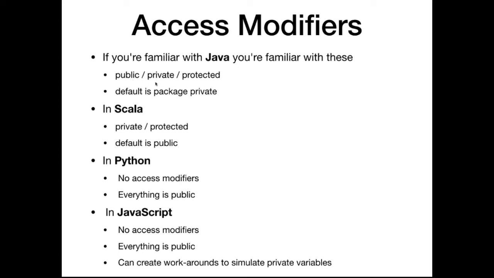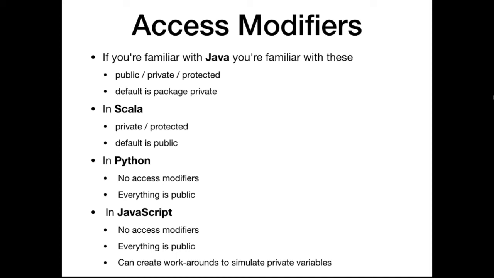In Java, we have public, private, and protected. Public means anyone can modify this variable. Private means only this class itself can modify or access this variable. So only inside the class definition can you access that.